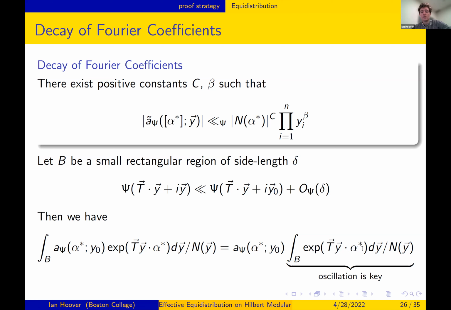and so to guarantee some kind of oscillatory nature and then cancellation here, you need to be able to use the fact that we know that some component of A star is large and it's going to be multiplied by something non-zero. So if some component of T is 0, it's much harder to use this oscillation because you don't necessarily know which components of A star are large and which components are close to 0.